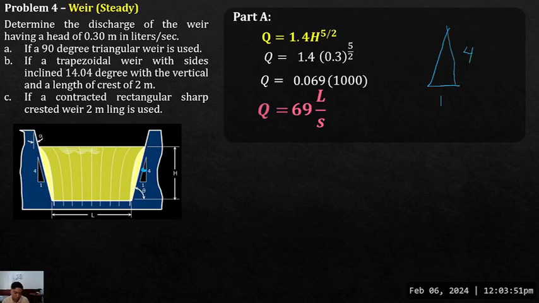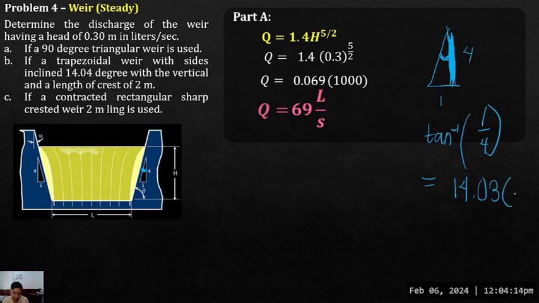So, ang question sa letter B, ang angle daw with respect to the vertical, ito yung vertical natin. So, ang tinatanong is, ano daw tong angle na to? So, di ba that is arctan opposite 1 over 4. Arctan 1 over 4, that is equal to 14.036 or 14.04.